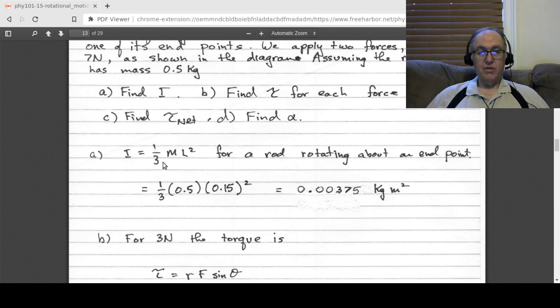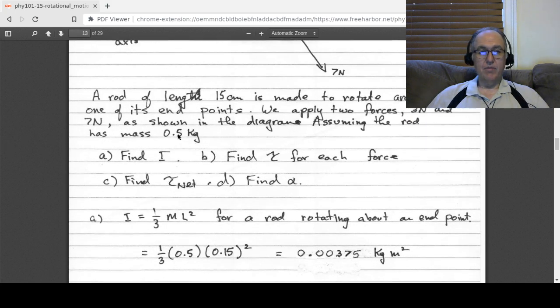The mass of the rod, I give it here, is 1/2 kilogram. So we plug in 1/2 kilogram, and the length was 15 centimeters or 0.15 meters. Multiply that all out, and I get 0.00375 kilogram meters squared.